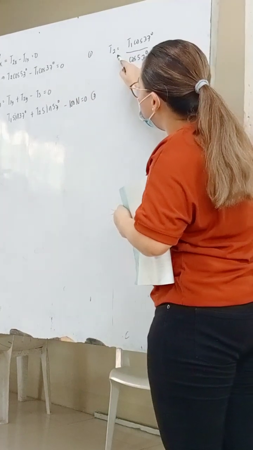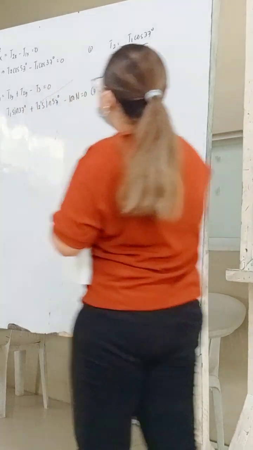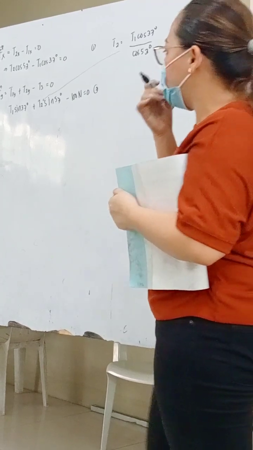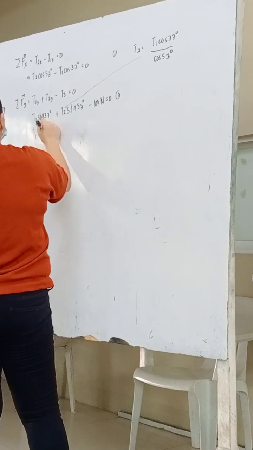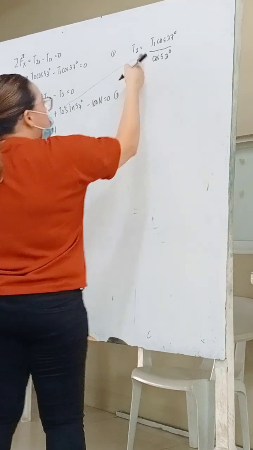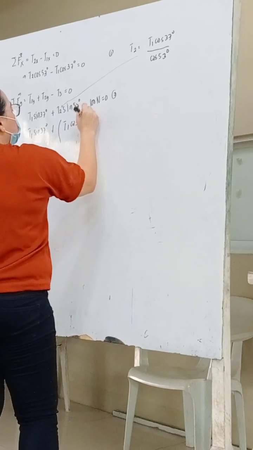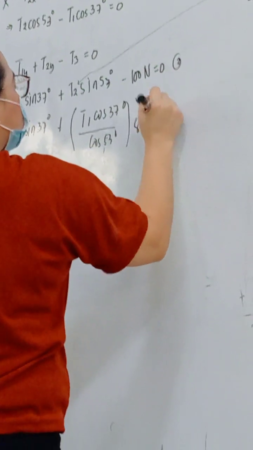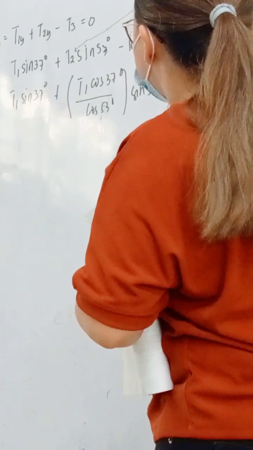Then we substitute T2 into the second equation so only one unknown variable remains, T1. So T1 sine of 37 degrees plus T2, which is T1 cosine of 37 divided by cosine of 53 times sine of 53, and we transpose the 100 Newtons to plus 100 Newtons.